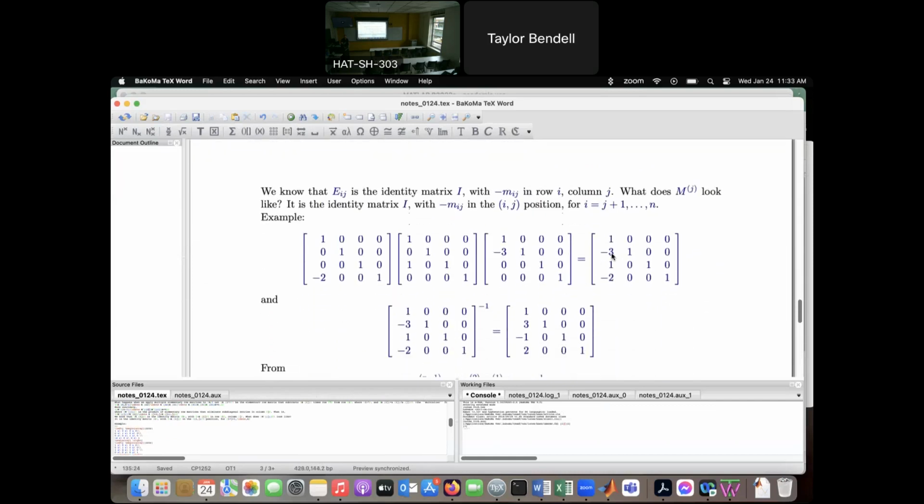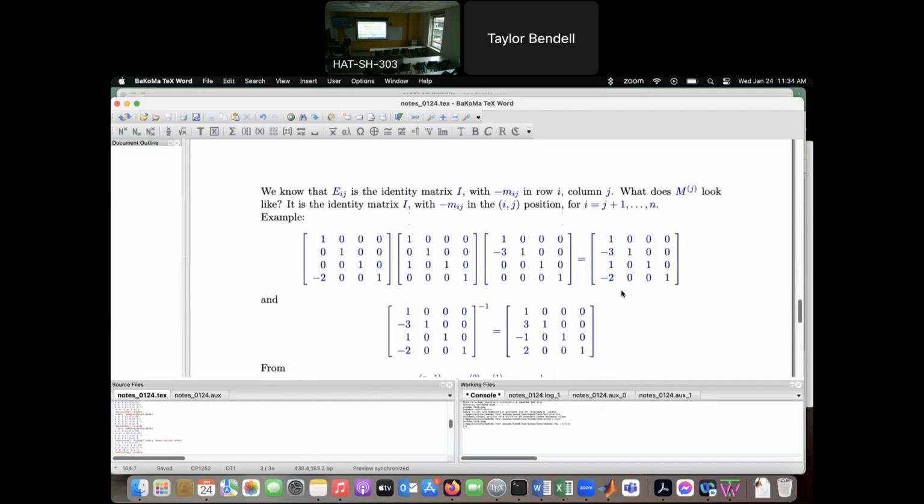In other words, eliminating all the entries below the diagonal in column 1 amounts to multiplying A on the left by this matrix, where we take those multipliers and put each one in whatever entry we're trying to eliminate, in that position.